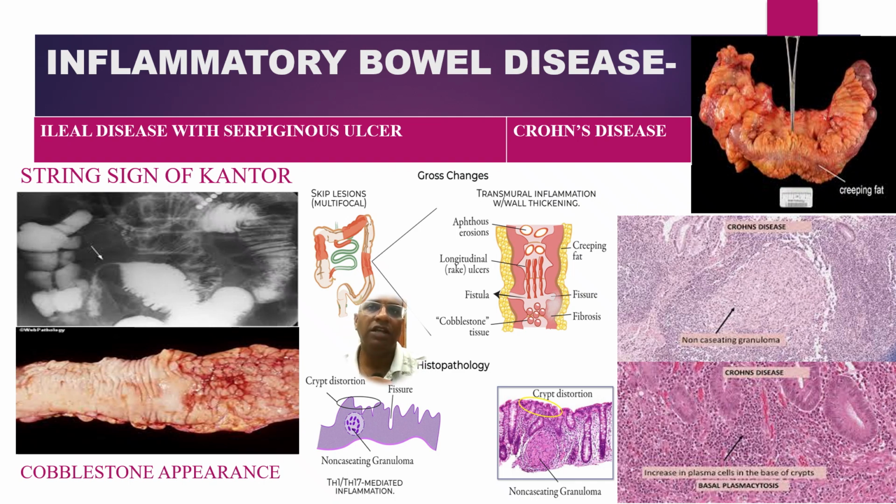In a nutshell, the mnemonic for Crohn's disease will be told by many of them as SISTER. S for skip lesions. I for ileum is the most common site. S for string sign of Kantor in radiology. And T for transmural inflammation and wall thickening. And E for extra fibrosis and fistula formation.